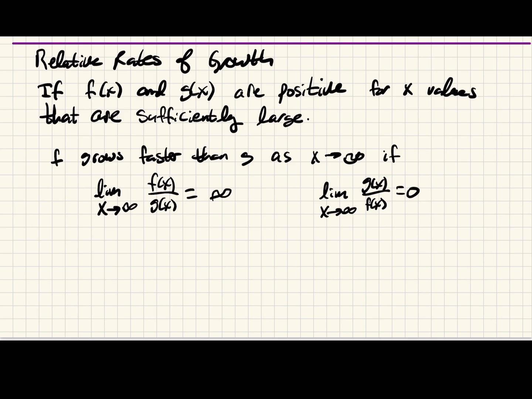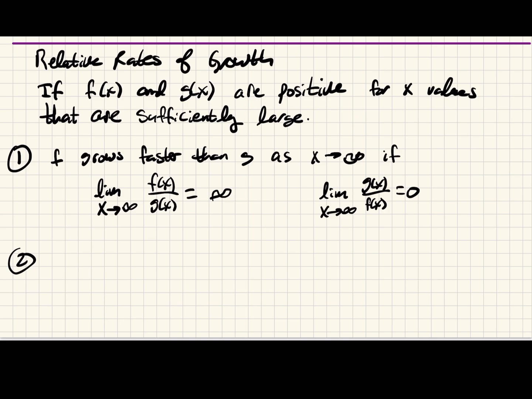Okay, now, so this would be the first thing we're going to write here. The second thing we're going to write here is, well, here we've got one of them growing faster than the other, but maybe it's possible that we have two functions that are different, but grow at the same rate.